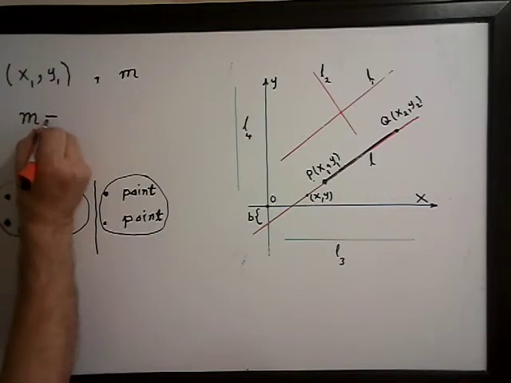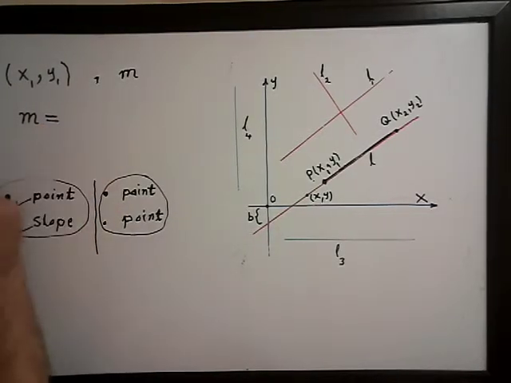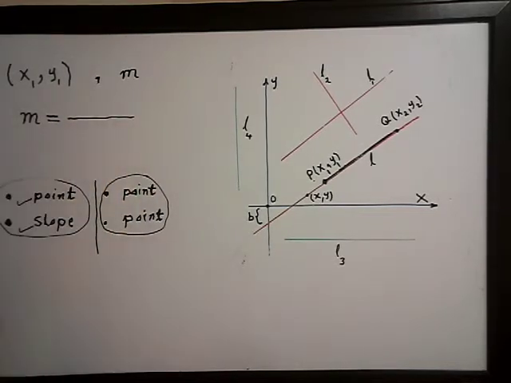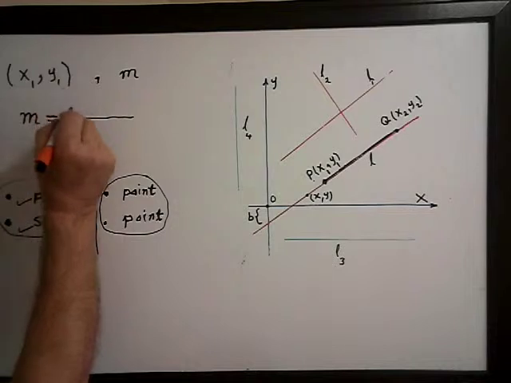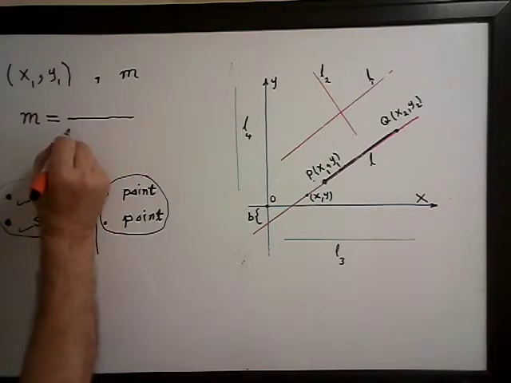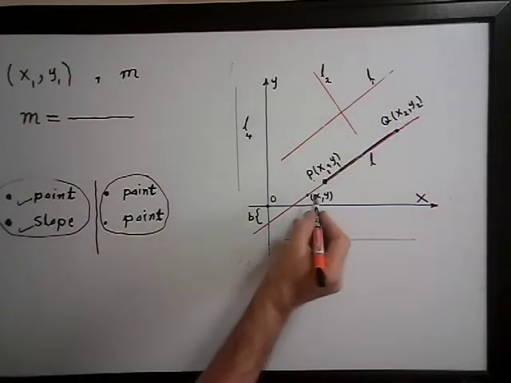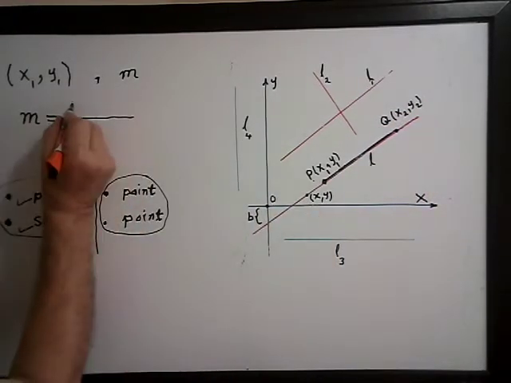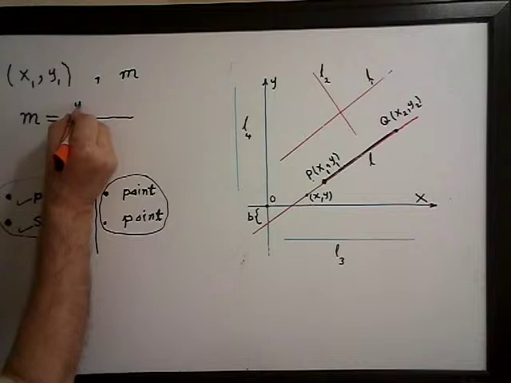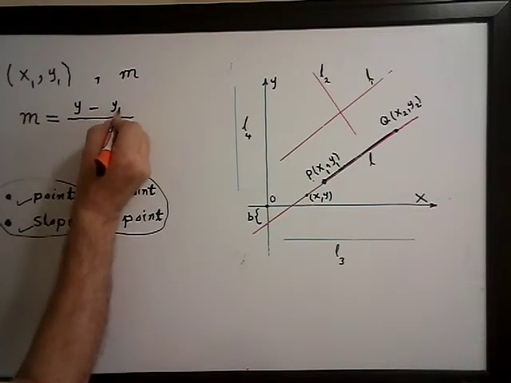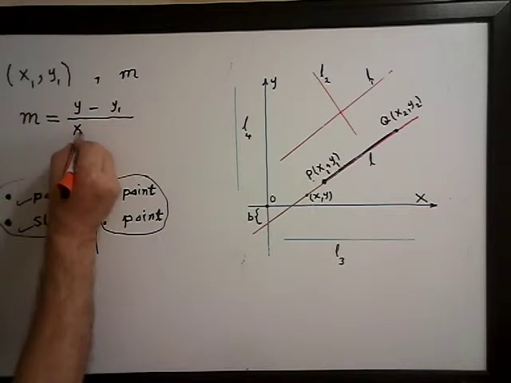is equal to the same rule of finding the slope, y2 minus y1 over x2 minus x1, and we replaced x2, y2 by xy. So we will write y minus y1 over x minus x1.